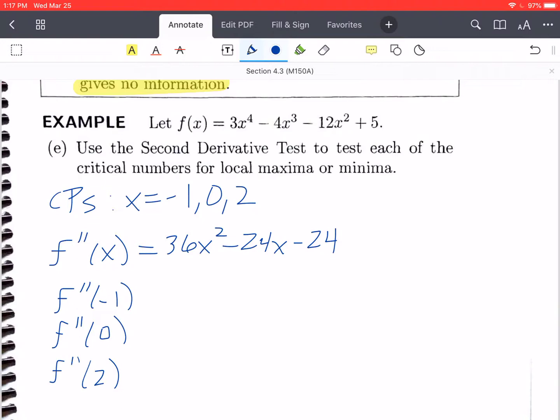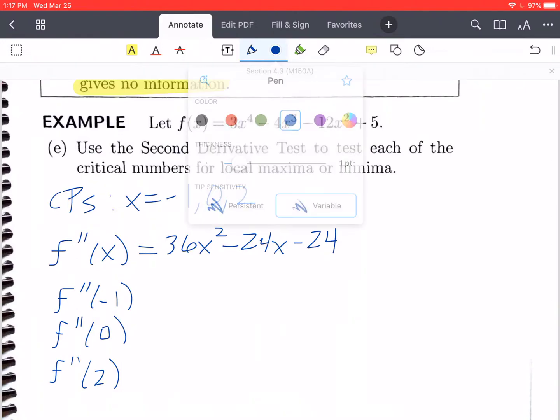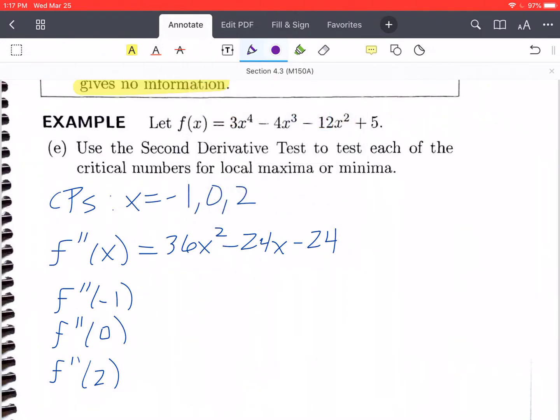Now again, with these tests, it really doesn't matter what the value is necessarily. All that really matters is whether the second derivative is positive or negative there. So at -1, we get 36 that stays positive, that becomes positive 24 minus 24, so that's going to be positive.